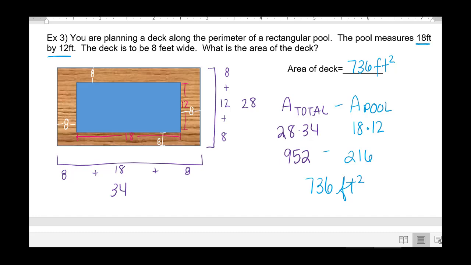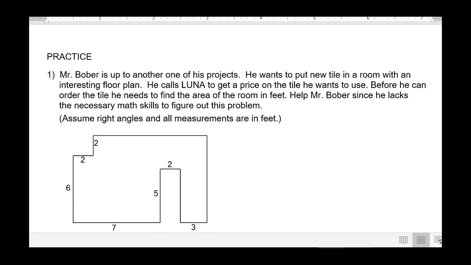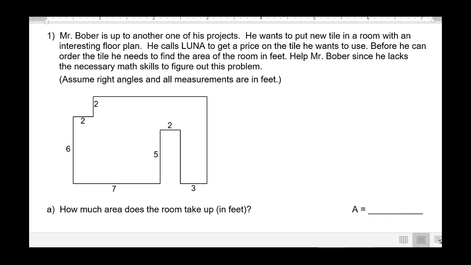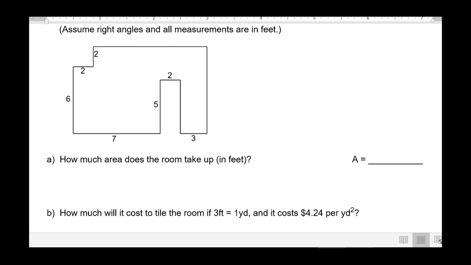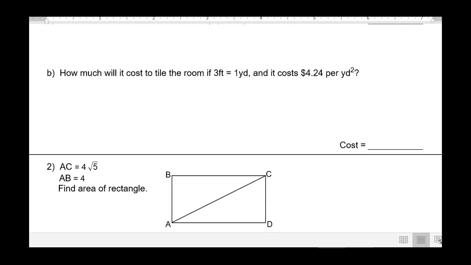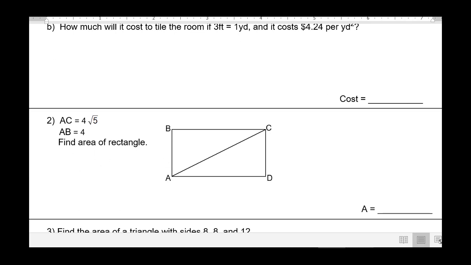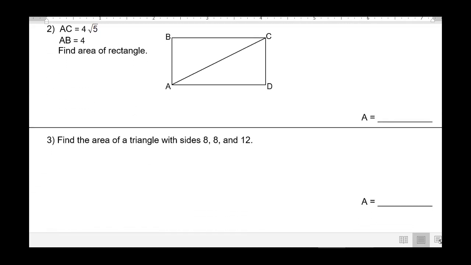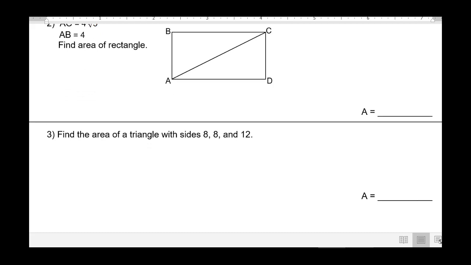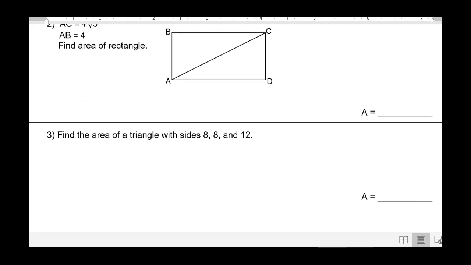Okay, so those are a couple examples that we went through together. If you go to the next page, you're going to do some practice problems involving combining some rectangles, finding the area, using some Pythag to find the area of the rectangle. And I did incorporate an area of the triangle just for us to start making some conclusions about these shapes.